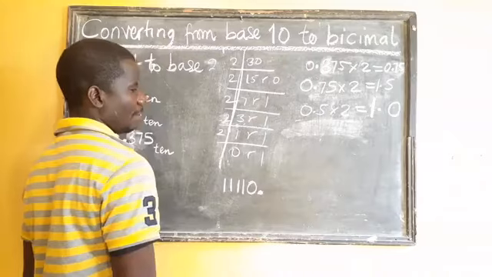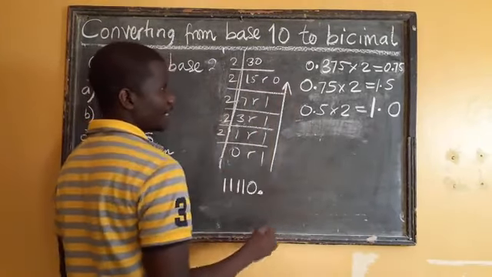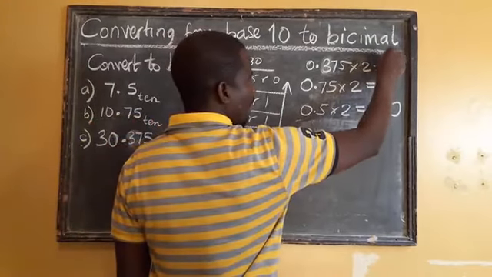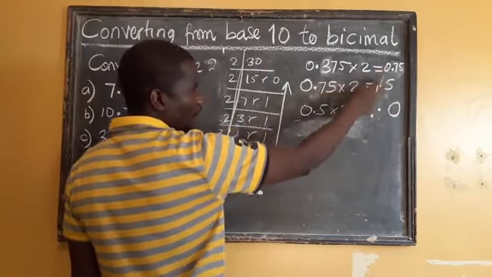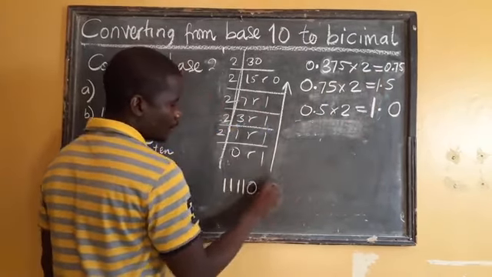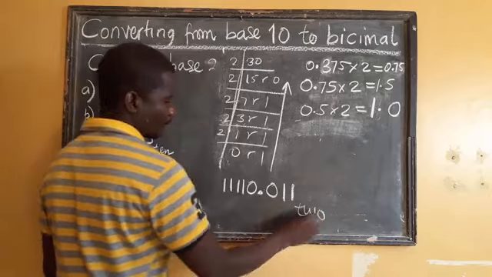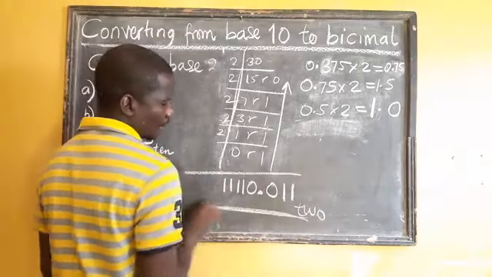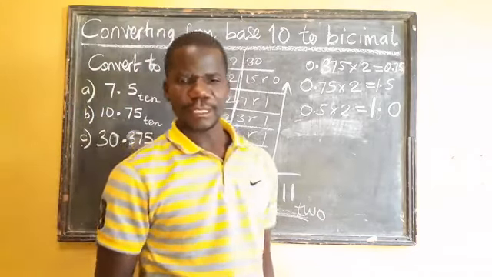And we were getting our answer this side going up of the remainders. Here, we'll get our answer coming down of the whole numbers. So what we have? We have 0, 1, and 1. In base 2. Alright? This is what we are supposed to do.